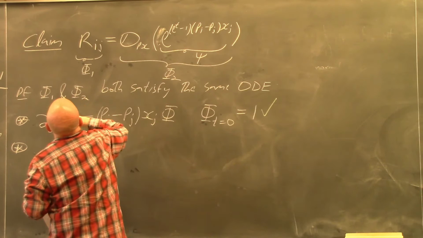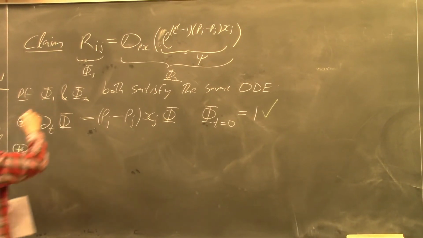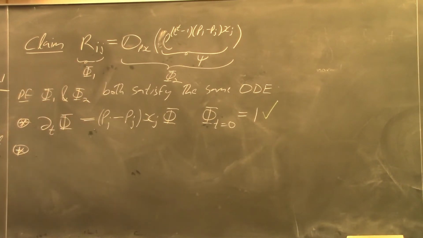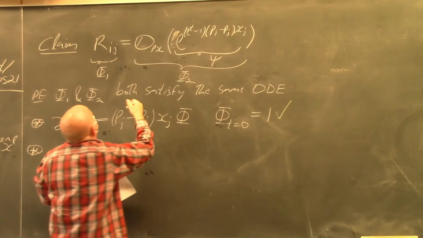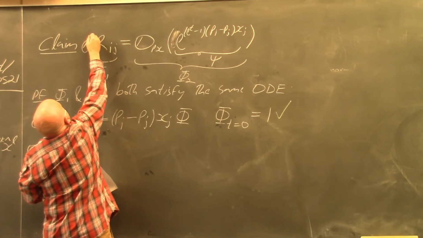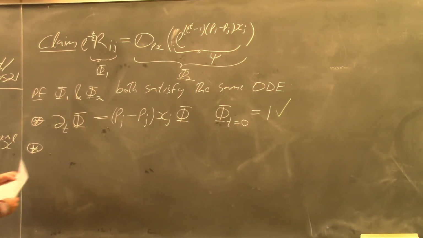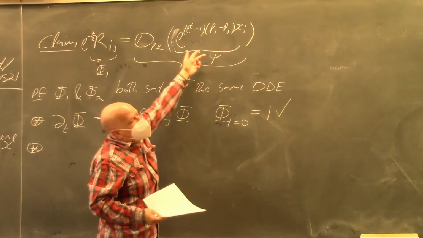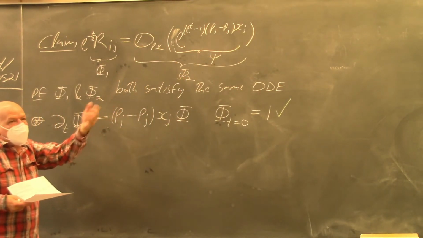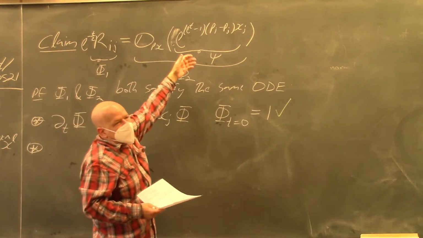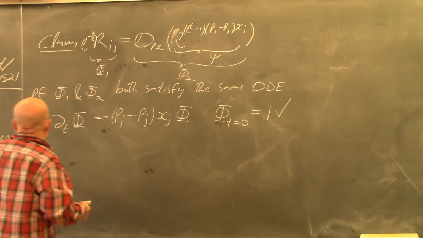So really what I want to say, sorry, is that was a formula not for Rij, but for Rij with the first factor removed. But it's a central factor. So really, I want to say e to the minus t over 2 r is equal to this. If you really want r, you just have to multiply by e to the t over 2. But e to the t over 2 is a multiple of the identity. You can bring it in anywhere. It commutes with everything. Sorry.